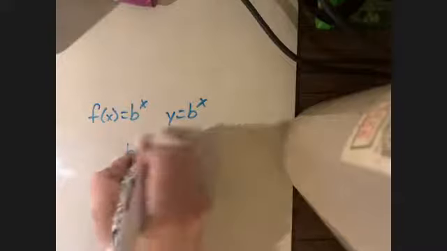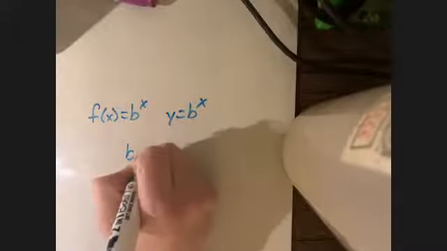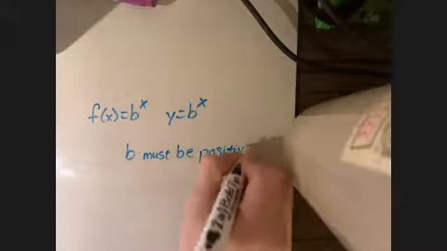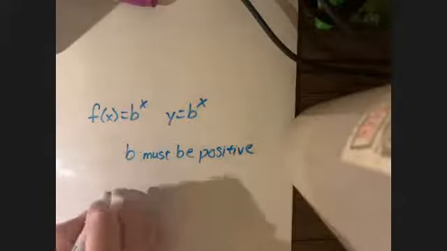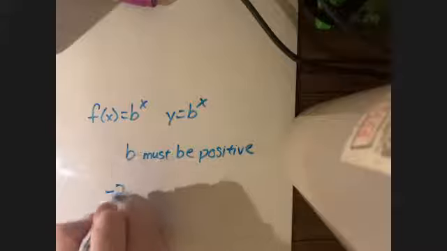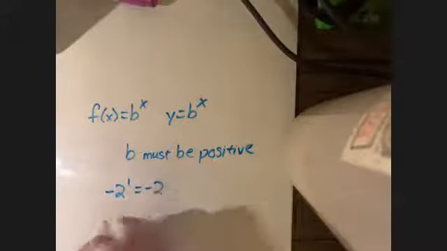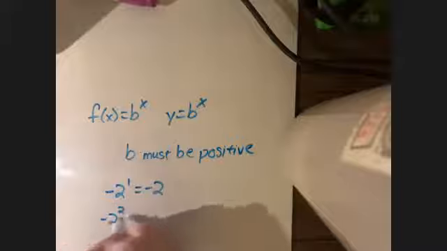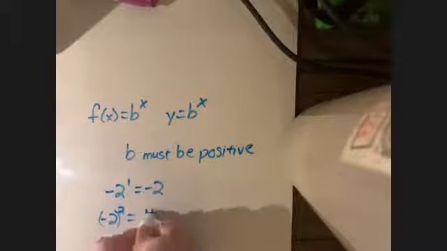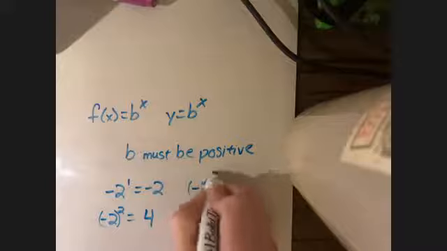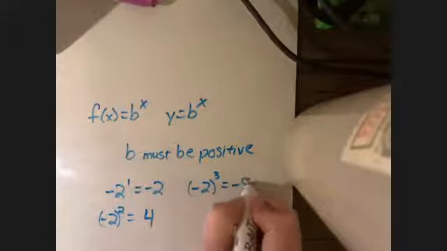Now, a couple of things. Your base has to be positive. And this is because if we pick something, say like -2, if we do -2 to the first, that's -2. -2 squared is +4. -2 cubed is -8.